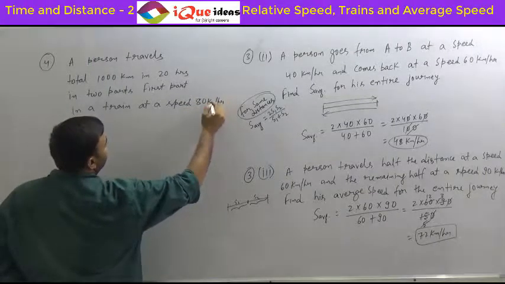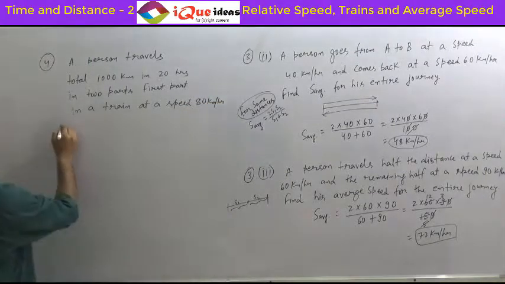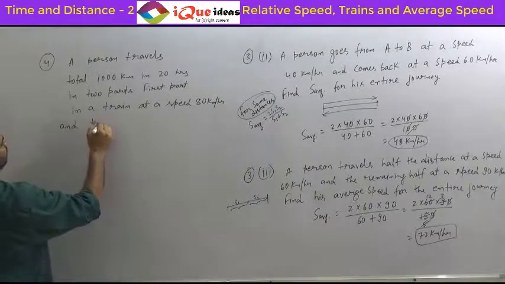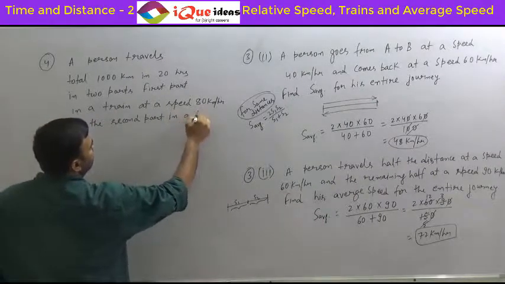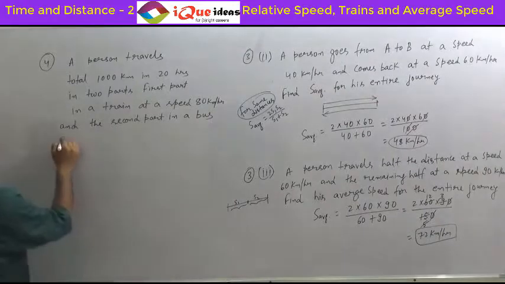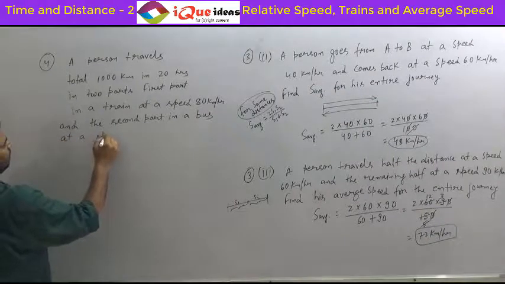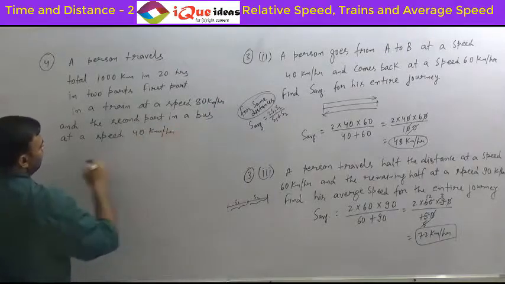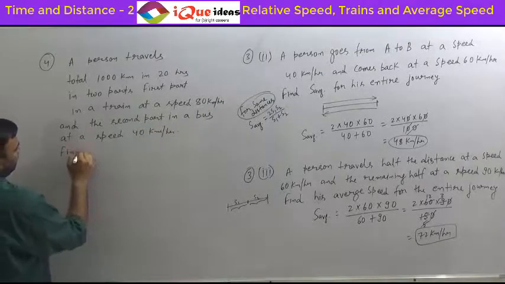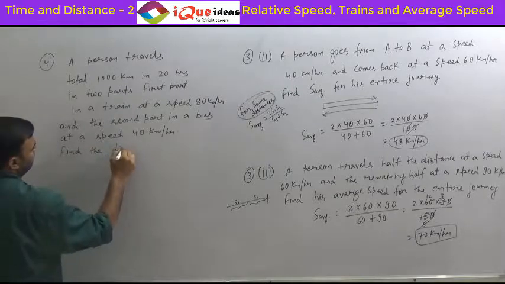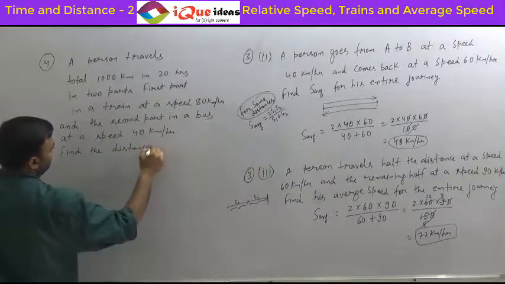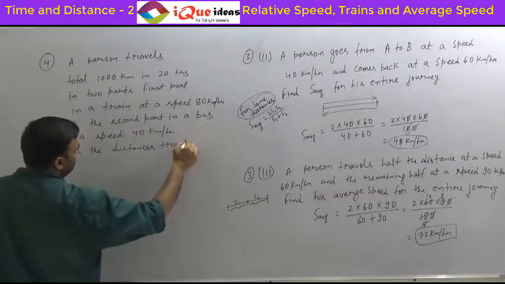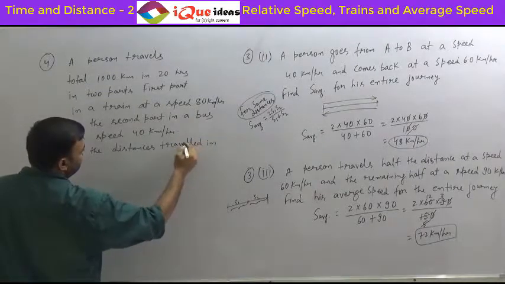The train speed is 80 kilometers per hour. And the second part in a bus at a speed of 40 kilometers per hour. The question is, find the distances travelled in the 2 parts.